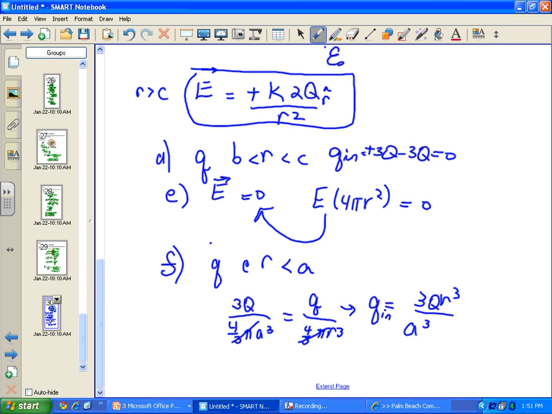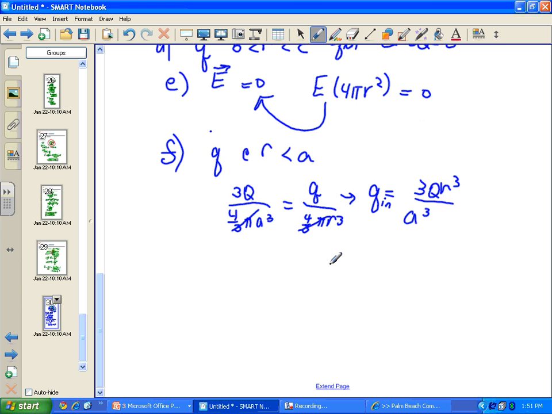Now we're ready for the last part, which is to find the electric field at r less than a. E times 4 pi r squared, the area of our Gaussian sphere, equals Q inside, 3Q r cubed over a cubed epsilon naught.